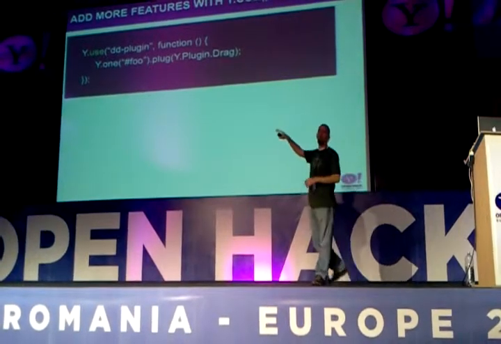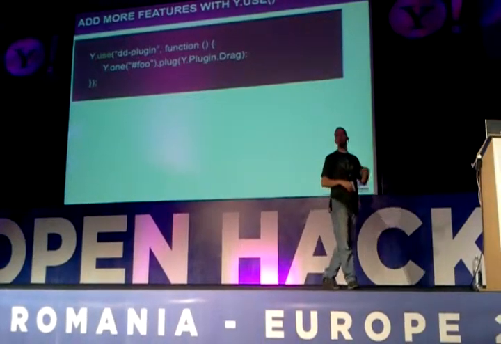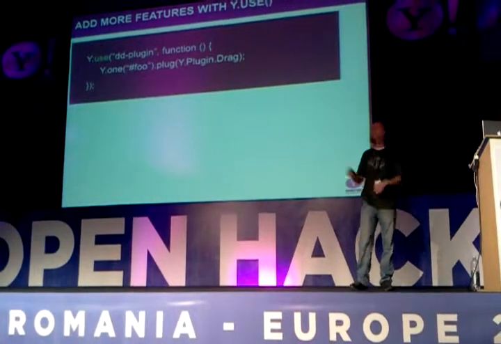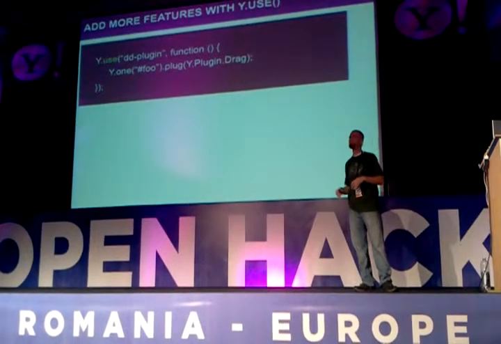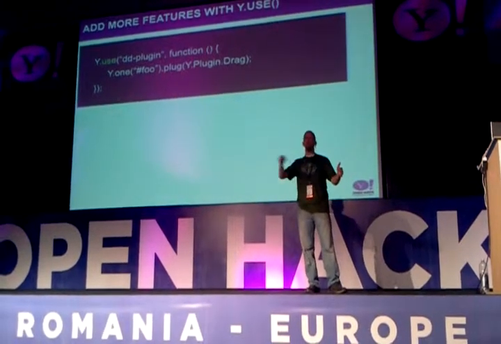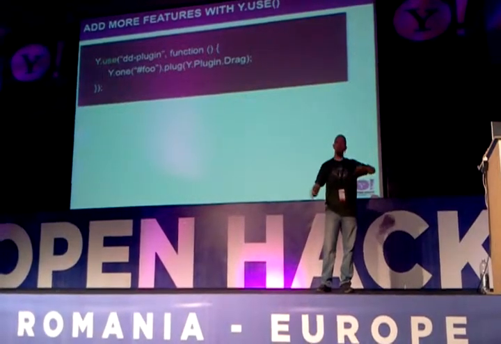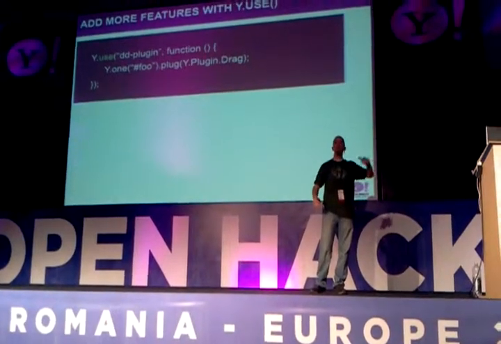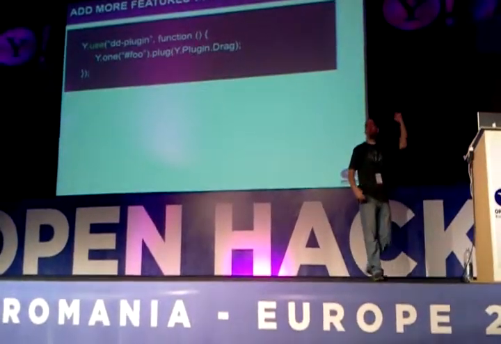We have a little bit more information about this module, such as its dependencies, where it's hosted, and things like that. And if you request a bunch of modules, for example, in your use line, then we will take all of those modules, we will do the dependency calculation on them, make sure that when we request them, we're requesting those modules and their dependencies at the same time, asynchronously against our combo loader on the CDN.